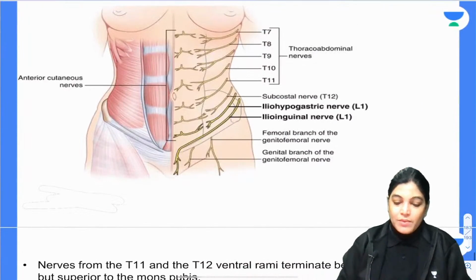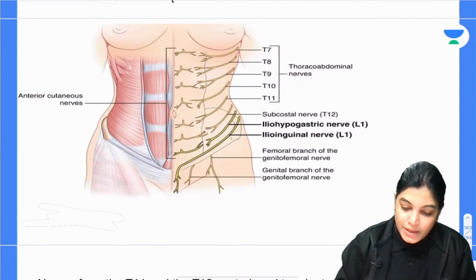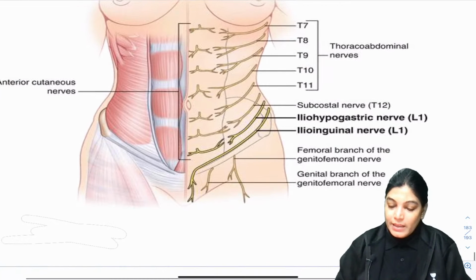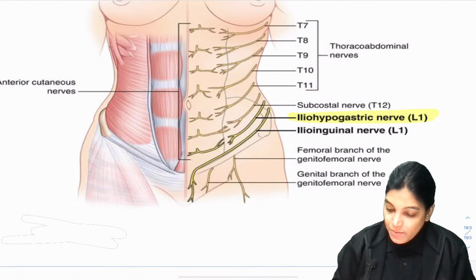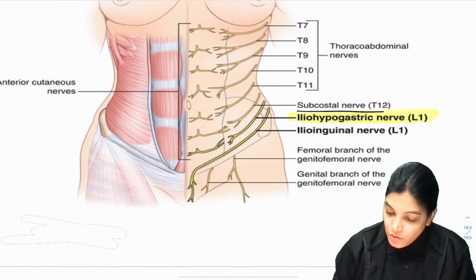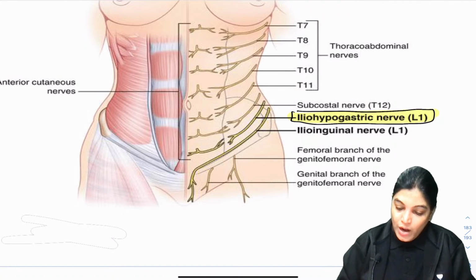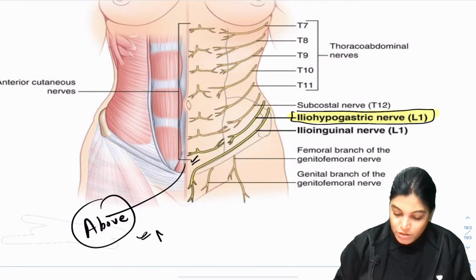Now, see this diagram which will help you to understand. Let me just enlarge this. You can clearly appreciate the iliohypogastric nerve, which I have marked as the correct answer. This iliohypogastric nerve is giving innervation on this location, that is lying above the mons pubis. So this is the best answer.